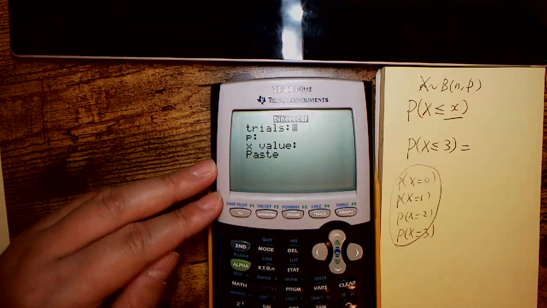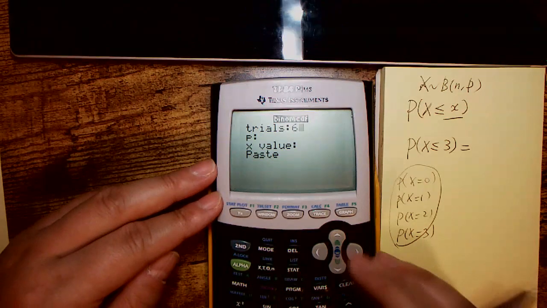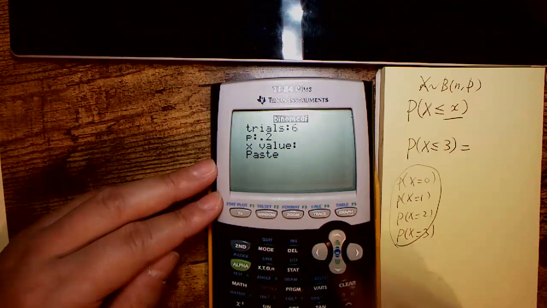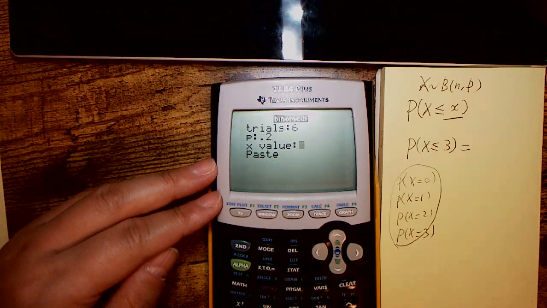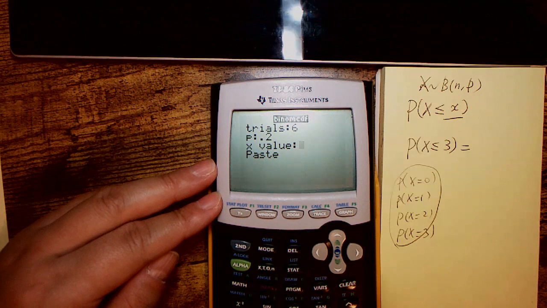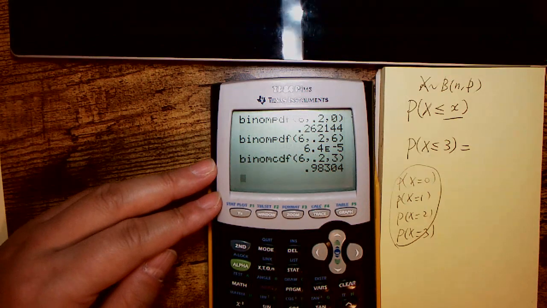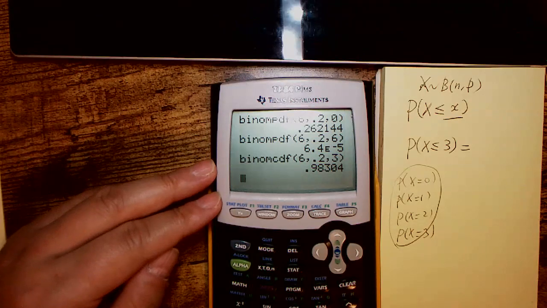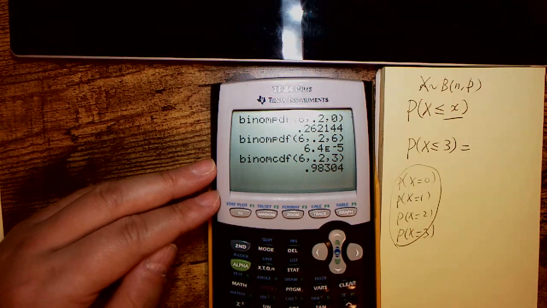So 6 trials, probability of success 0.2, and the value is 3, because we have X less than or equal to 3. So you have to enter 3 here, and then enter. So the probability is 0.983. Do you have the same thing?